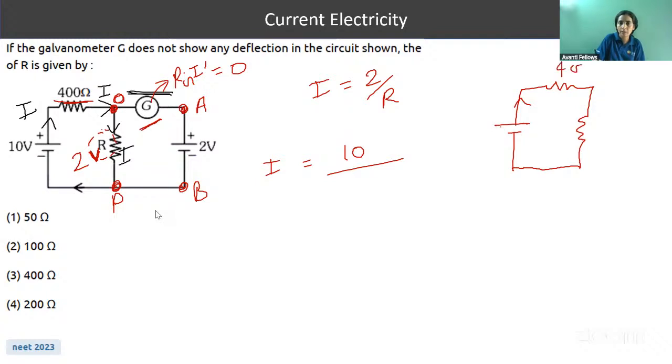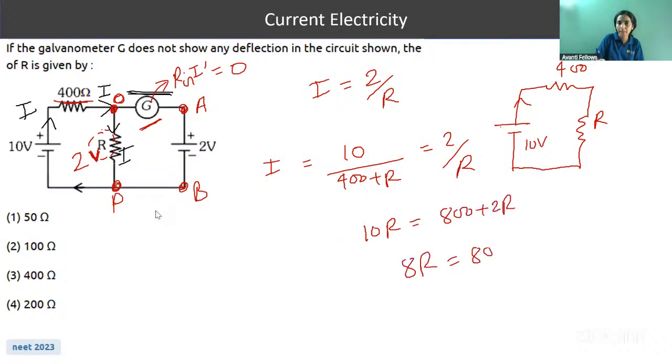So this is 400, this is R, and this is 10 volt. So current will be 10 by 400 plus R, and this is equal to 2 by R. Okay. So 10R will be equal to how much? 800 plus 2R. So 8R is equal to 800, that is, R is equal to 100 ohm. So the correct answer will be which one? It will be B.